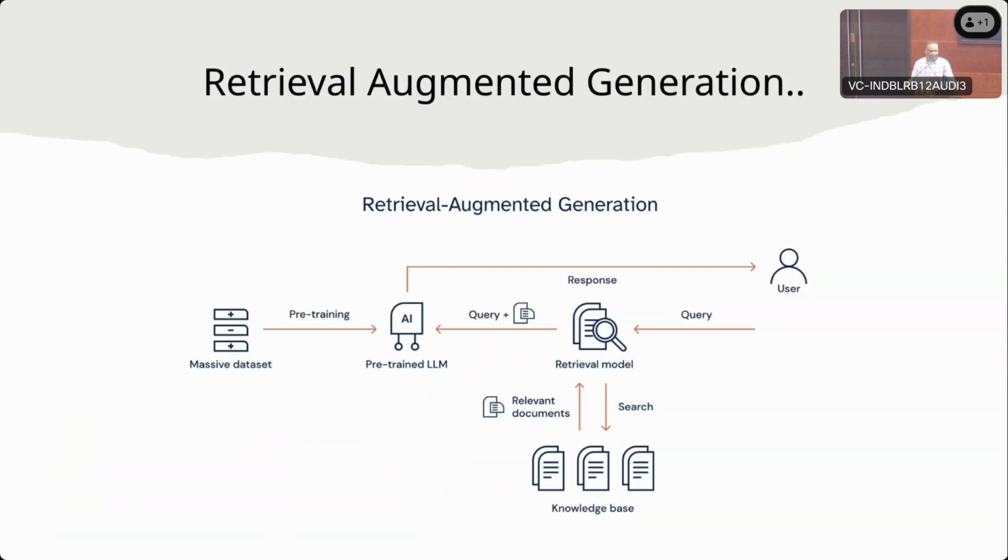It will clearly say I have been trained till 2017 or 2018 data, and beyond that I don't have any knowledge about it, right? So if that is the case, how do we make use of current data or any organization data which is proprietary to the organization and at the same time leverage LLMs? That's where the whole idea of RAG comes into the picture.